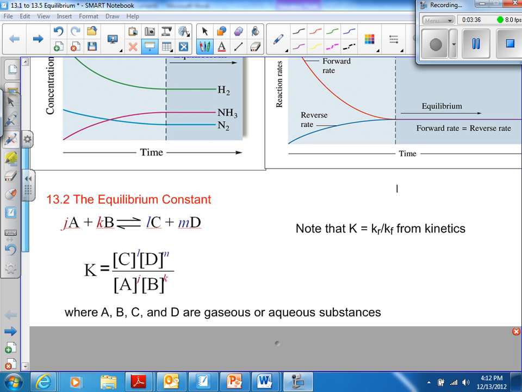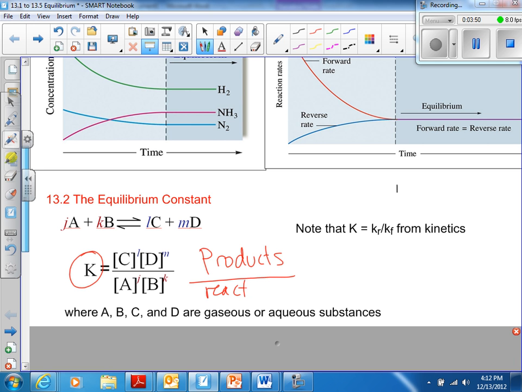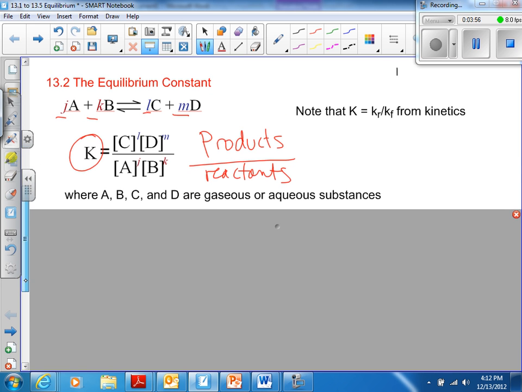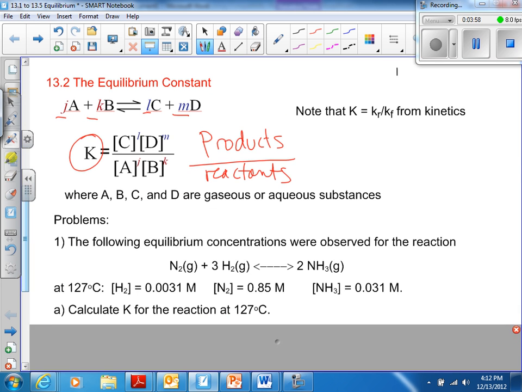All right, so the equilibrium constant. What is that? Hopefully you remember this from before. So we have our equilibrium constant K. It's our products over our reactants. And we raise each product to the power of its coefficient. And that is written for you over here.